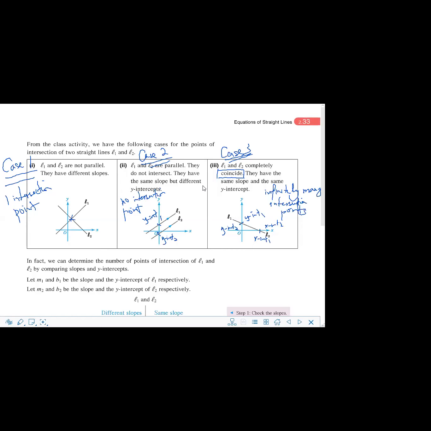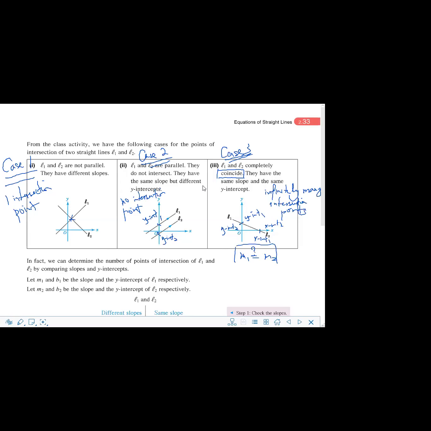Case 1 is much easier. The first thing you need to check is the slope. You need to calculate the slope of L1 and the slope of L2, and I'm going to call them M1 and M2. Are they equal?